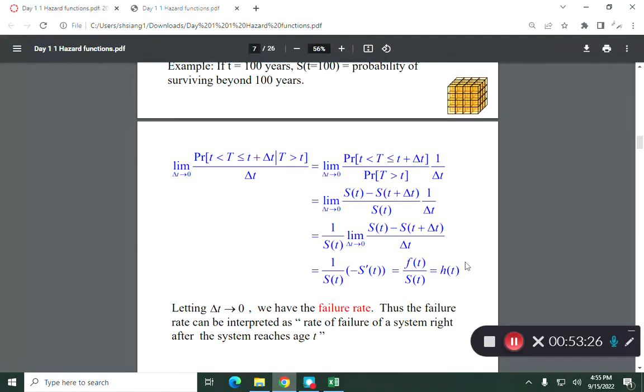Let me repeat that one more time. This is the most important thing. PDF over the 1 minus CDF, or PDF over the survival function, this ratio is called the hazard function, h(t). So what is the hazard function? It is a conditional ratio. Given I survive till t, what is the probability of PDF at that t time?